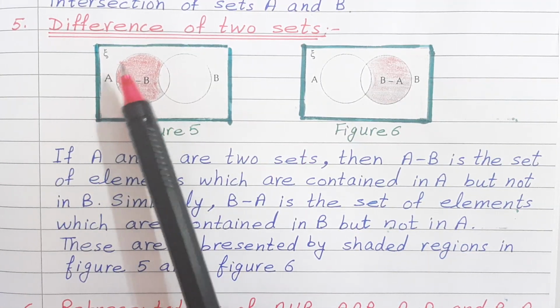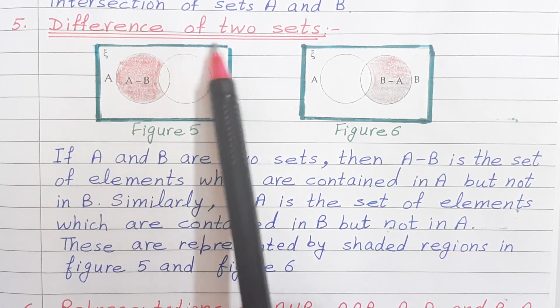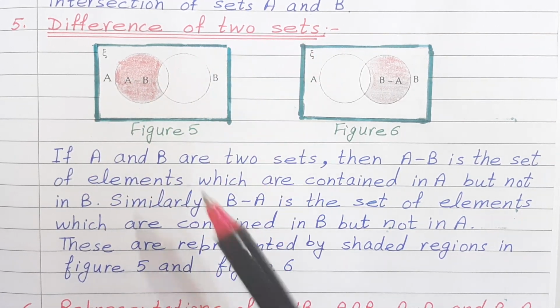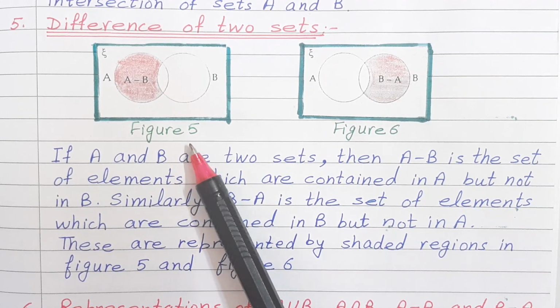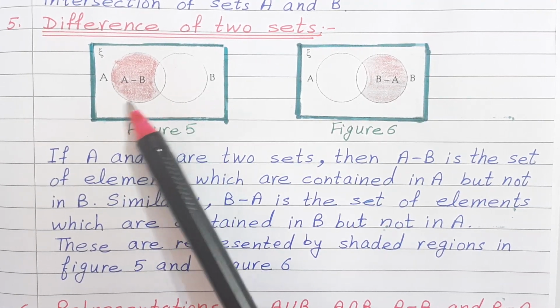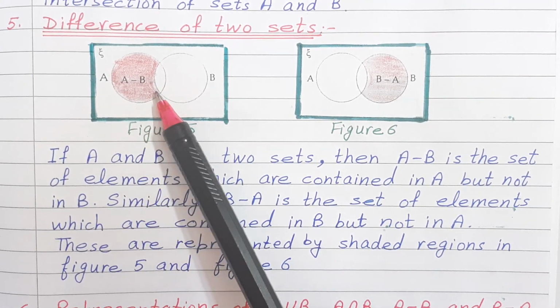Now children, let us discuss the difference of two sets. Now you can see in figure number 5, the shaded portion is representing A minus B, right?